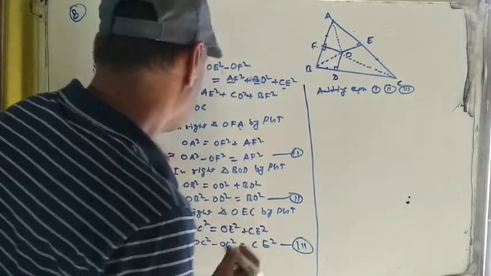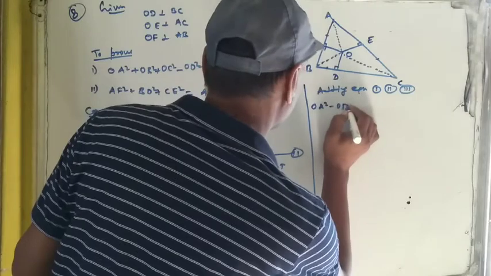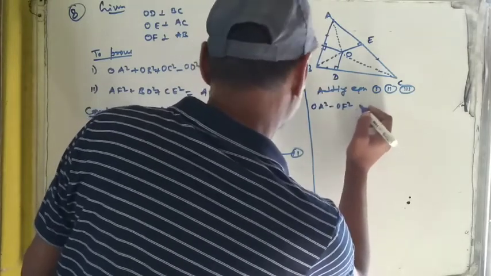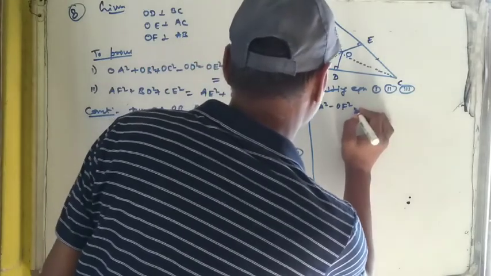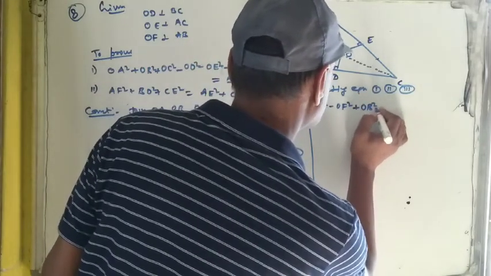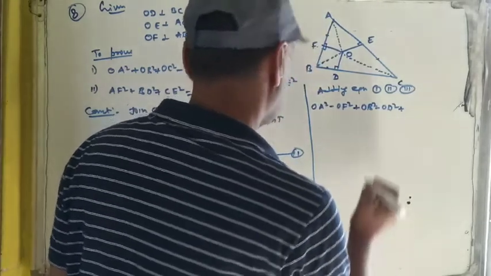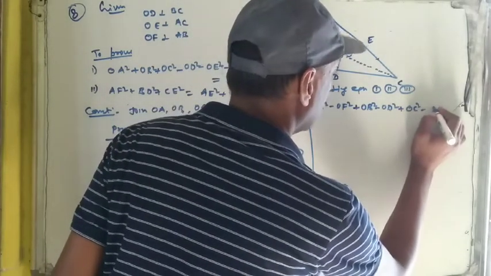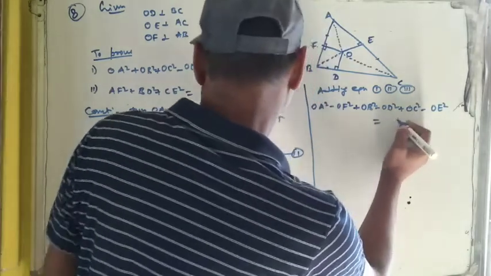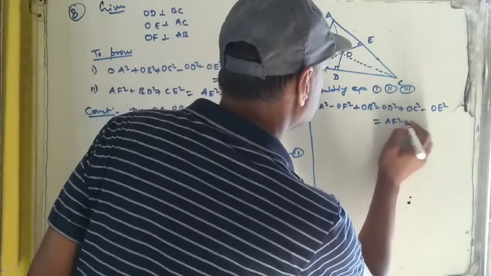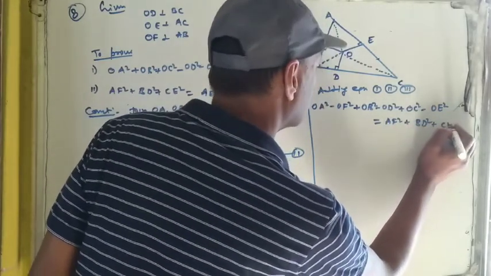In the first, OA square minus OF square, and second, OB square minus OD square, and third, OC square minus OE square equal to AF square plus BD square plus CE square.